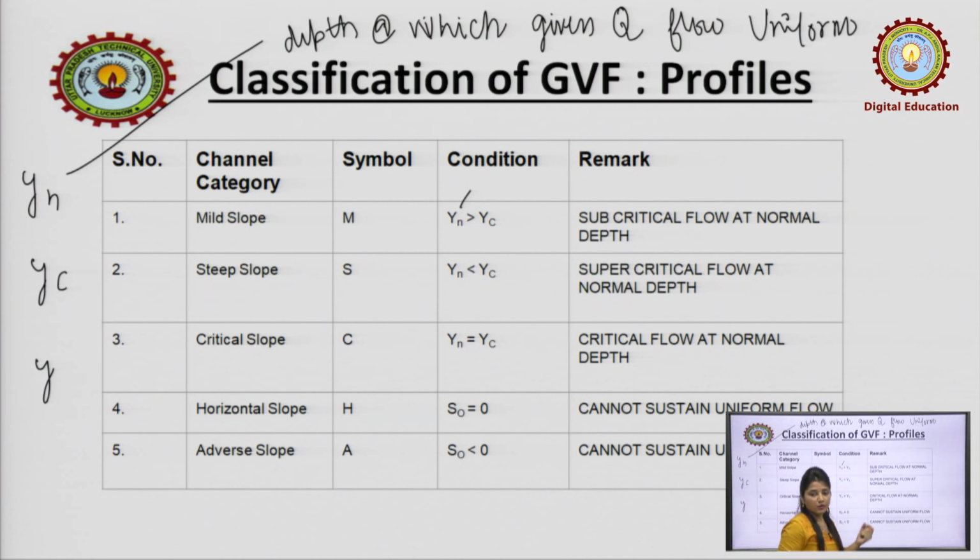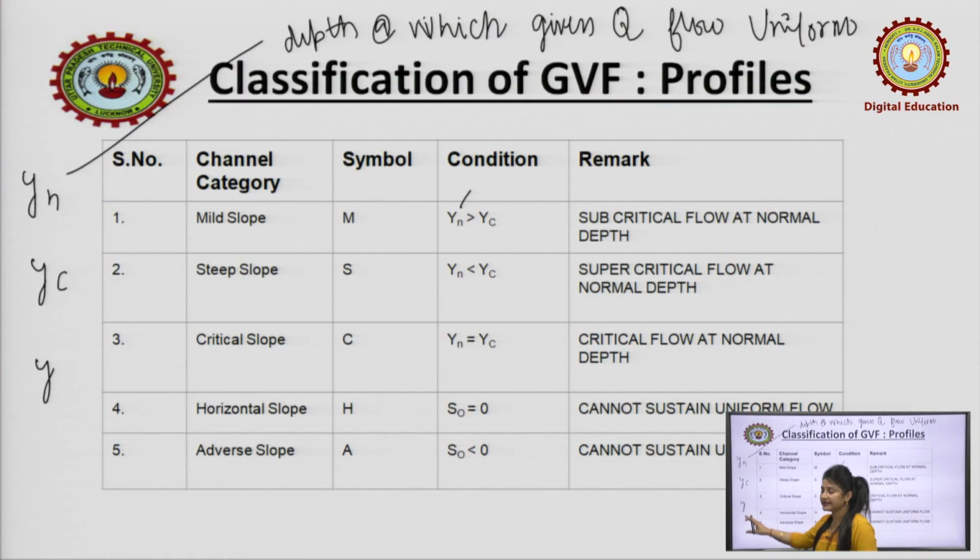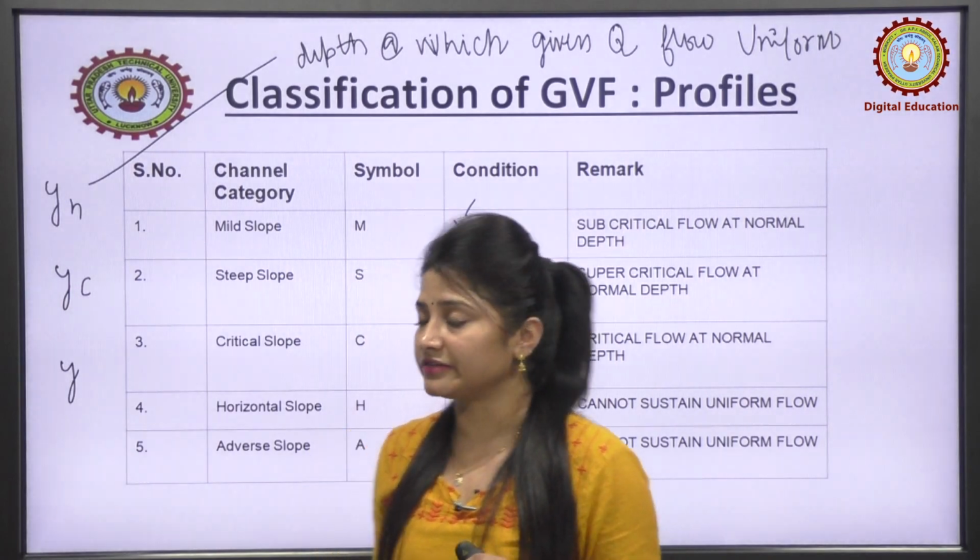Now, Yc is the critical depth, the depth at which specific energy is minimum, and y is any depth at any section of gradually varied flow.